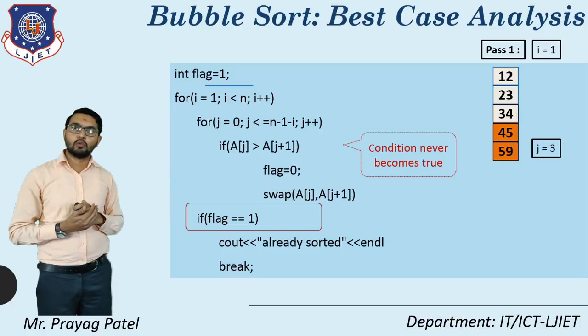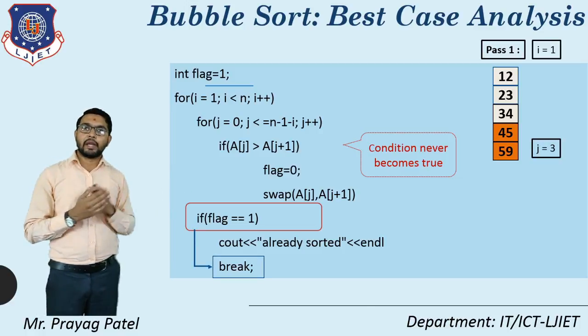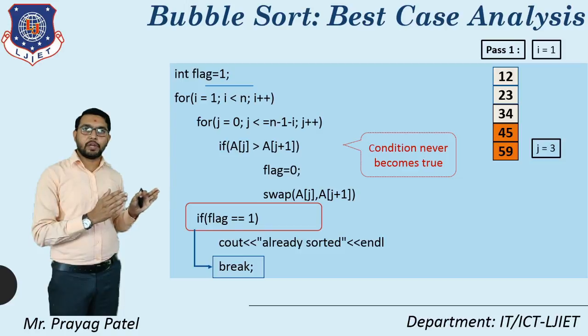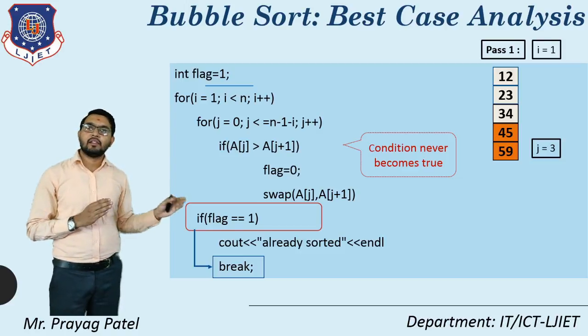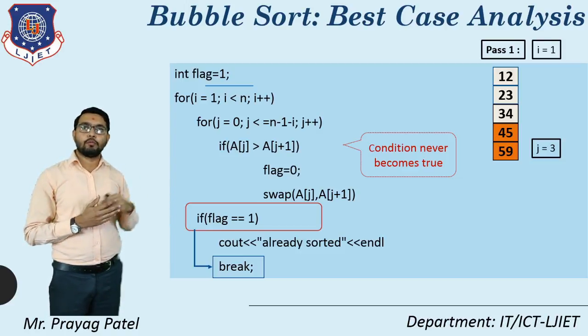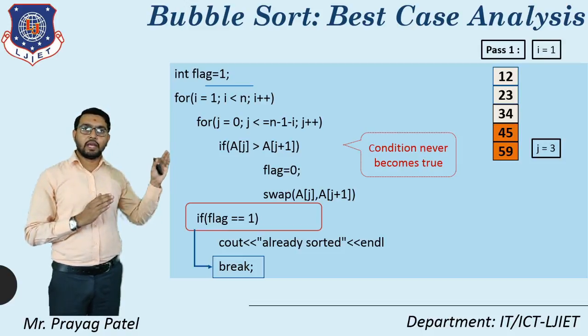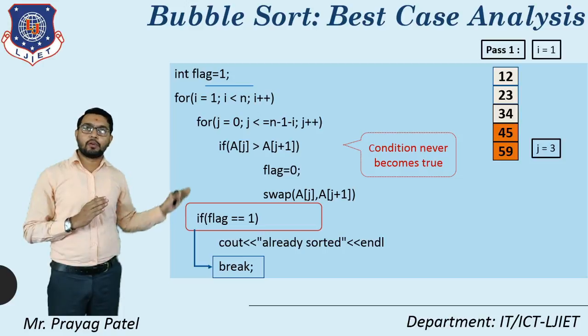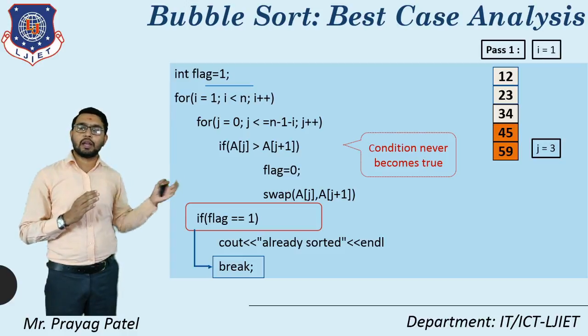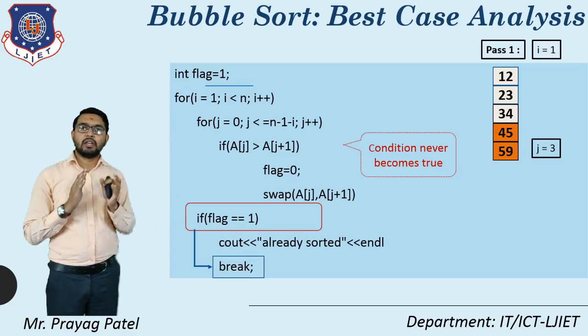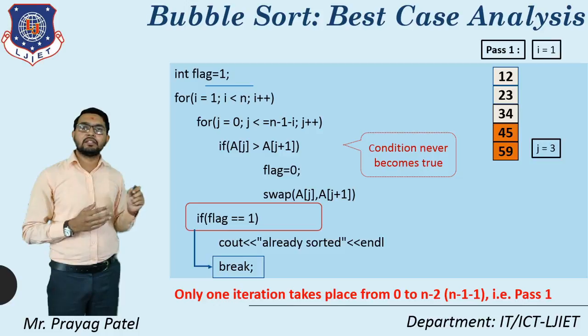The break statement then prints that the data is already sorted and breaks the for loop. We perform only i equal to 1, the first pass, and no further passes are executed for i equal to 2, 3, 4 and so on. So the loop is executed only one time.